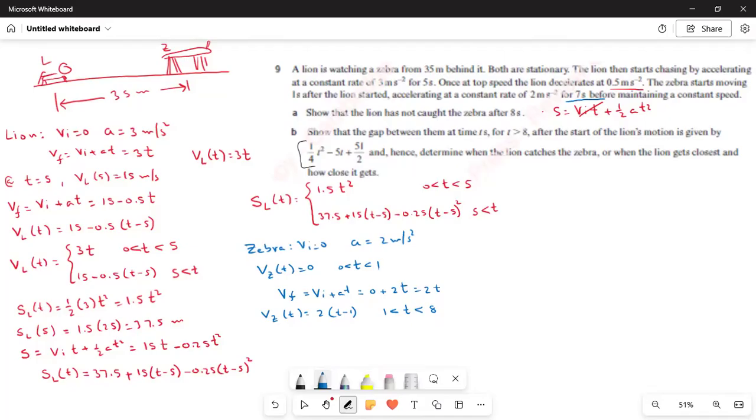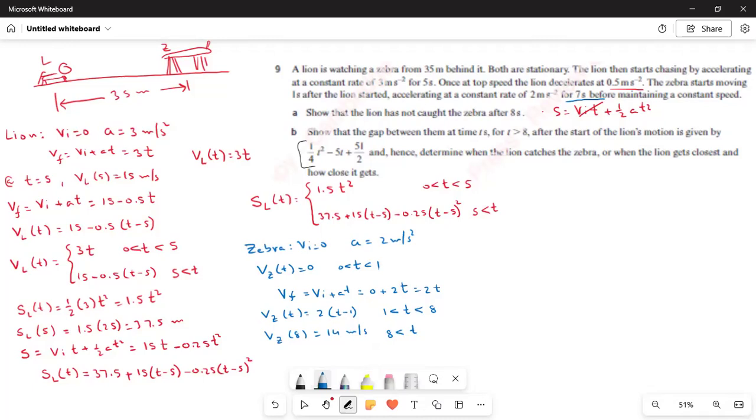So from 1 second to 8 seconds, it has this speed. And at the end of 8 seconds, velocity of zebra at 8 is going to be 8 minus 1 is 7, 7 times 2 is 14 meters per second, right? So this is the speed when t is more than 8.